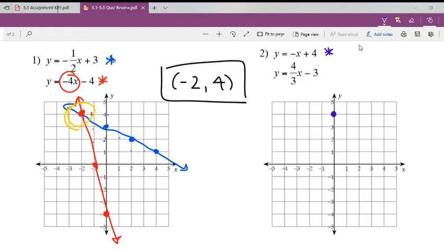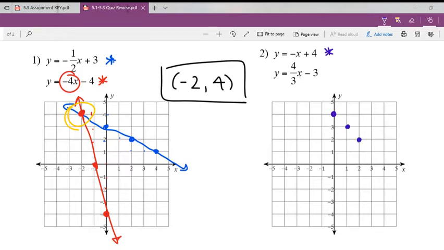And then this part sometimes throws people off. If I just have a negative in front of the x, what number is technically there? A -1. Can somebody tell me how I could count out a slope of -1? Yeah, go down 1, right 1.